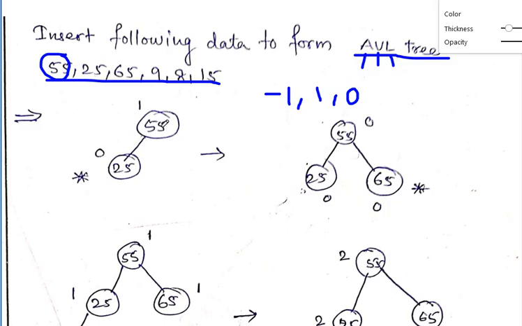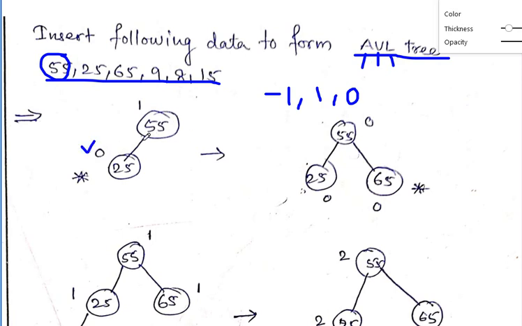Next is 25. It is less than 55, so it has to be at the left hand side of the 55. So we calculate the balance factor for the 25. At the left nothing, there is no child, so its balance factor will become 0.